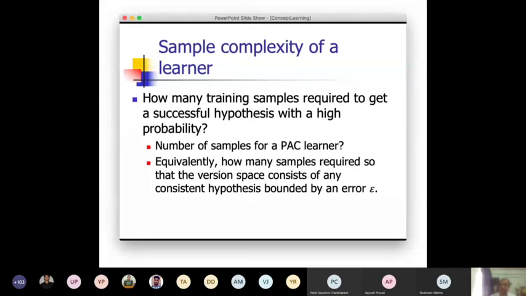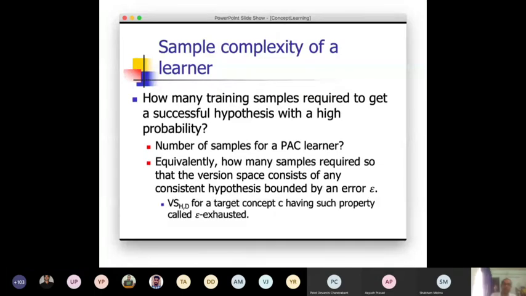And how could you get a PAC learnable algorithm so that its probability could be as high as 1 minus delta, where delta is small? That means the failure to detect any consistent hypothesis whose probability of error is greater than epsilon is delta. The maximum probability should be delta, and that also depends upon the number of training samples.